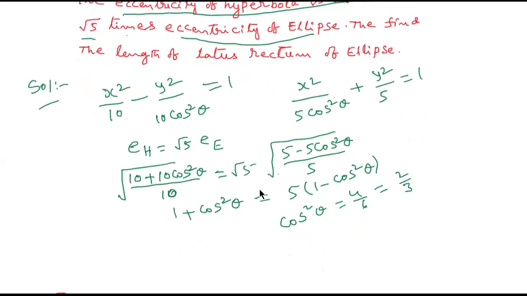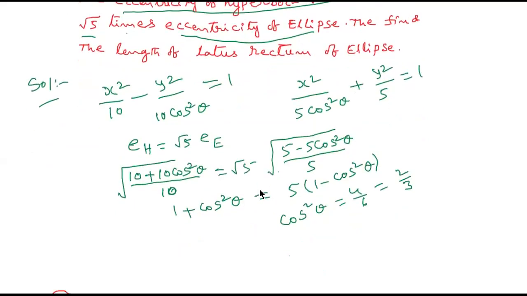Now, what they are asking here, length of latus rectum of ellipse. Length of latus rectum, what is the formula? That is 2a square by b, if a less than b.